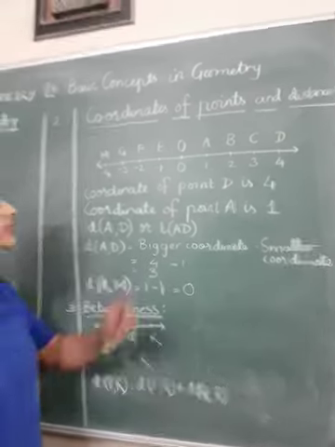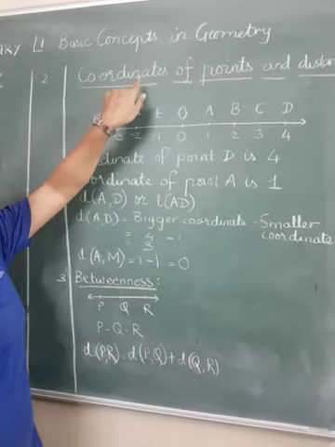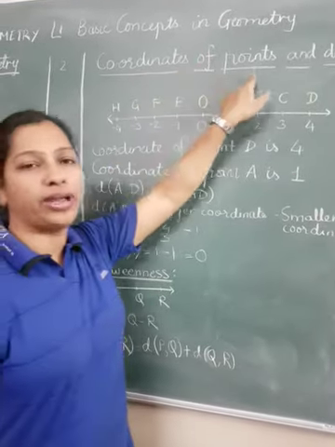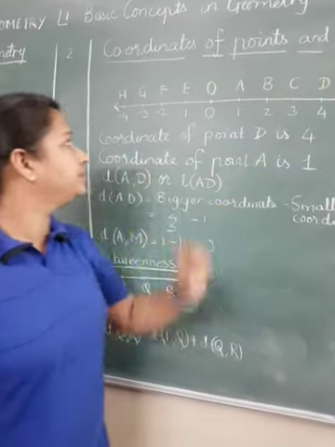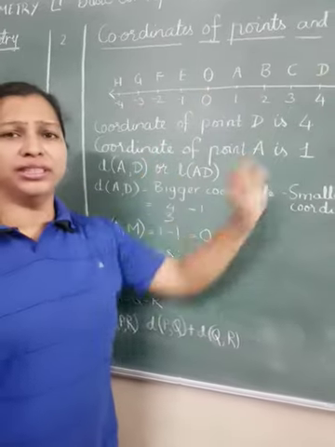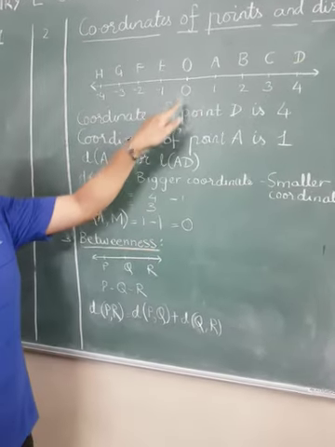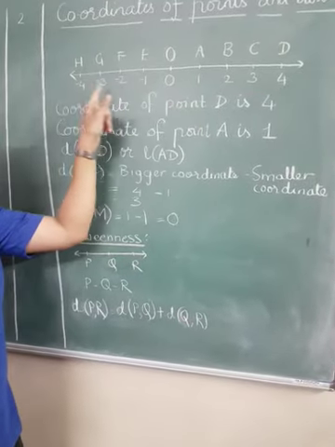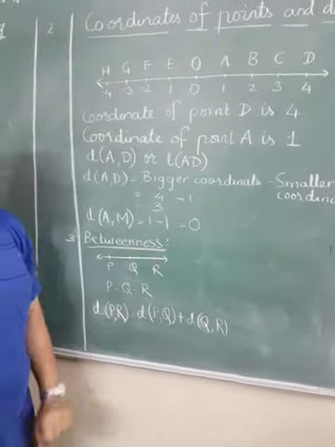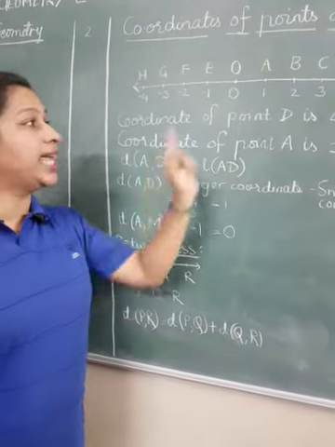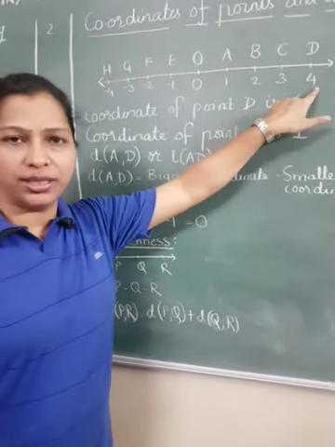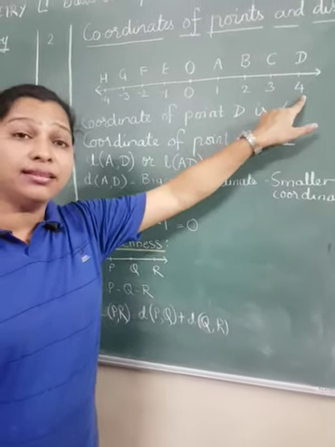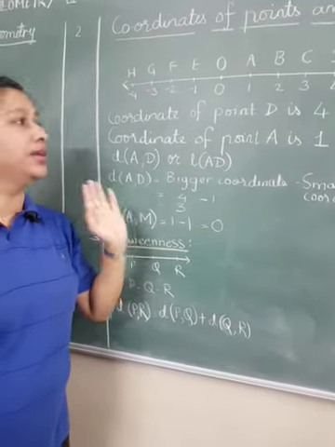Let's understand the next concept now, that is coordinates of points and distance. Here I have drawn a number line. I have written the numbers 0, 1, 2, 3, 4, minus 1, minus 2, minus 3, minus 4. Now you all know that every number to the right on a number line is greater than the number to the left.